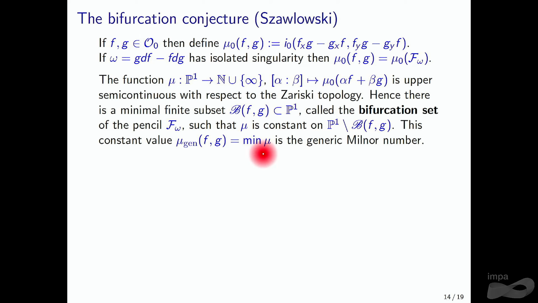Then he defines the function that to a point P1, considered as a fiber alpha f plus beta g equals 0, associates its Milnor number. And this function is upper semi-continuous. And so generically there is the minimum Milnor number, and for some specific values, a finite number of them, the Milnor number grows.